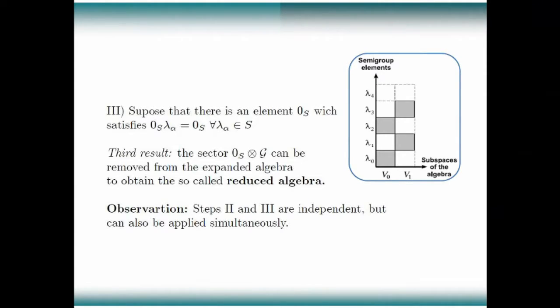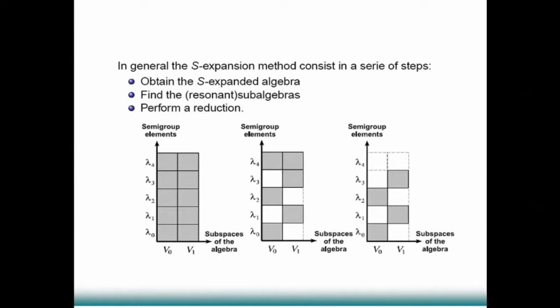That means that when you compose this element with any element of the semigroup, you get the same element. Now it works like a zero element multiplication. It's known that we can take out all the generators that have this element. So as a summary, you get an expanded algebra, that's this one. Then you find the resonant algebra, that's this one, and then you can perform a reduction. All these three are expanded algebras.